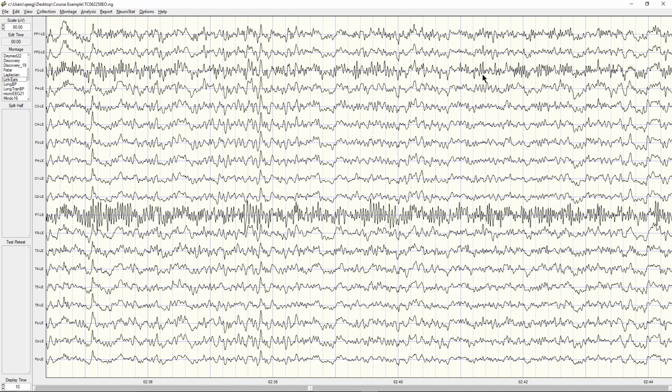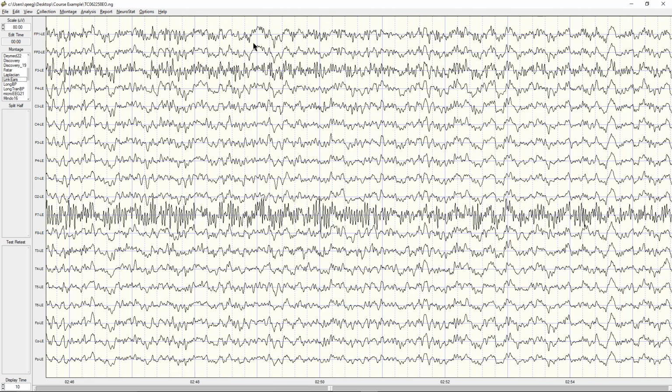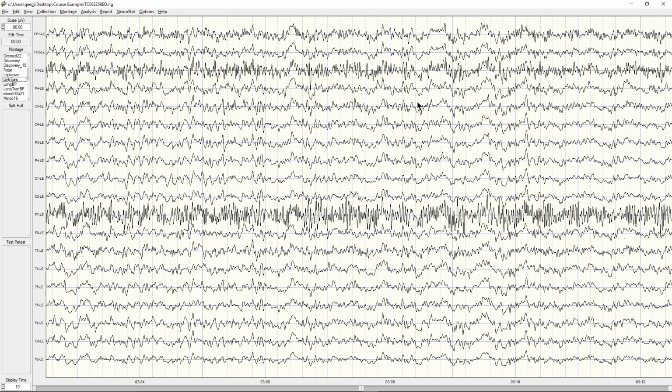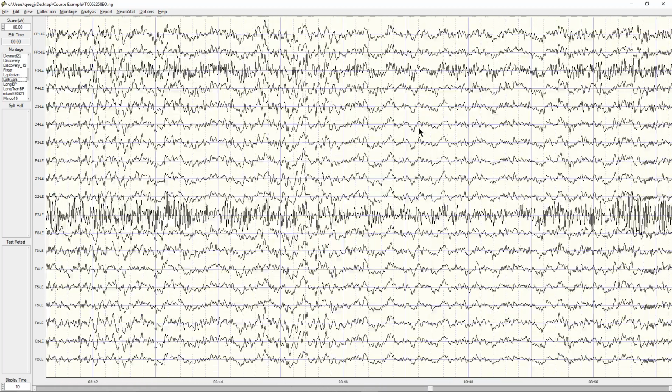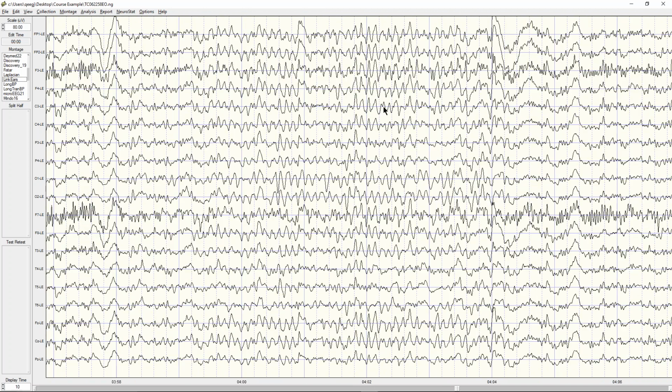And we're seeing it at F3 and at F7, so it's on the left side primarily, but we also see it at FP1. And as you can see, it goes through the entire recording and doesn't ever go away, except when she closes her eyes. So this is a brief period where she kind of gets sleepy and closes her eyes, and of course then the muscle artifact goes away.